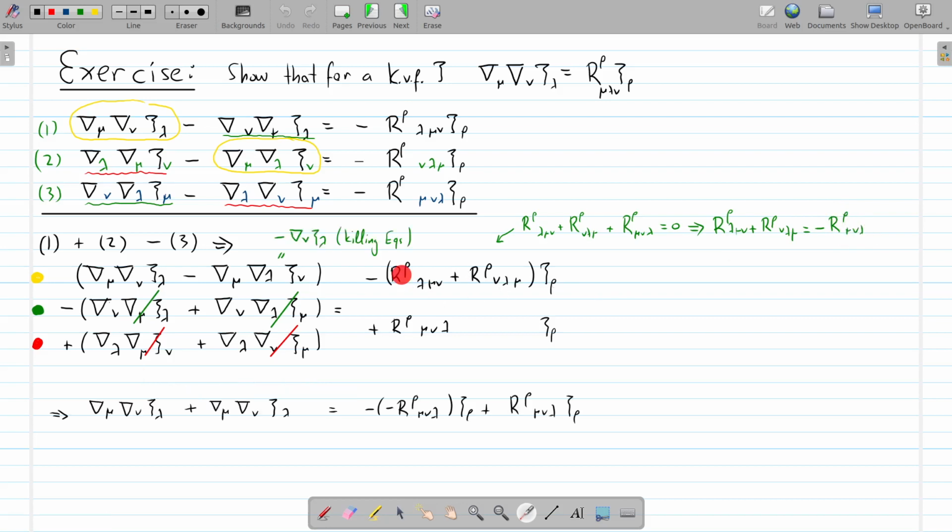So we substitute this there, and then for the first term, the yellow term, we also permute the indices lambda and nu, and we obtain an extra minus sign that makes this minus a plus. So you see here that those two terms are identical, so they're twice themselves, and the same thing happens on the right hand side. This and this are the same. So we see that we obtain the equation that we need to prove.